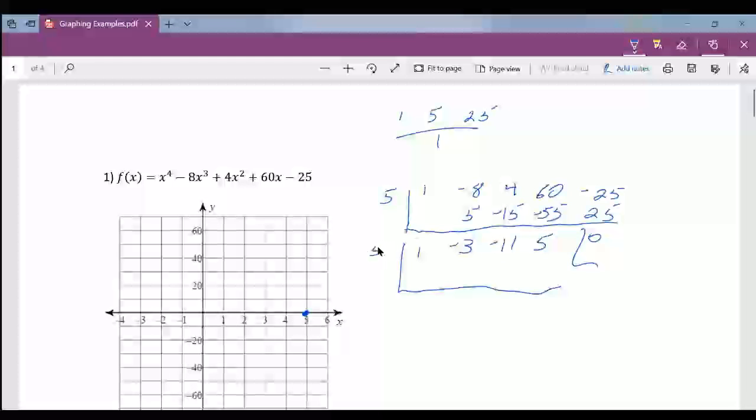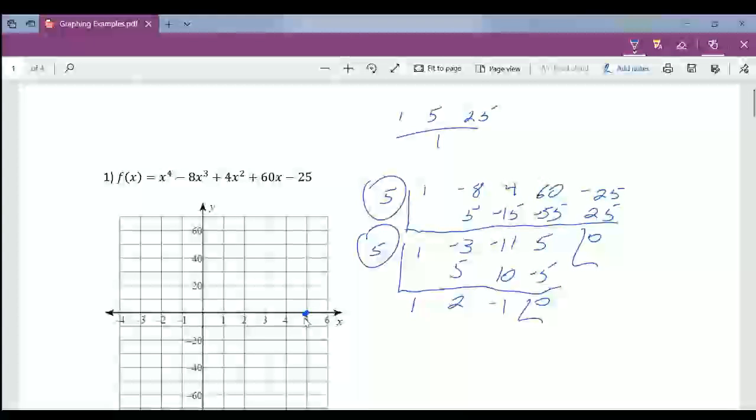Well, 5 worked once. Try it again. Bring down, multiply, add, multiply, add, multiply, add. Okay, so it looks like 5 has a multiplicity of 2. Okay, so that's going to show up twice.